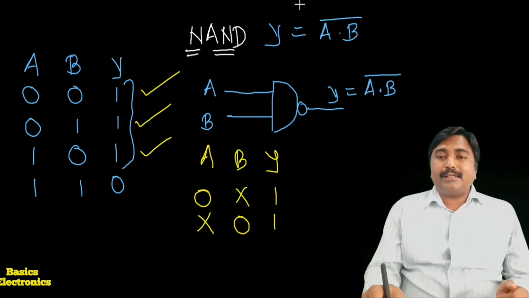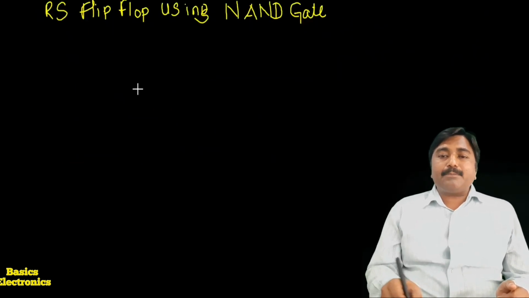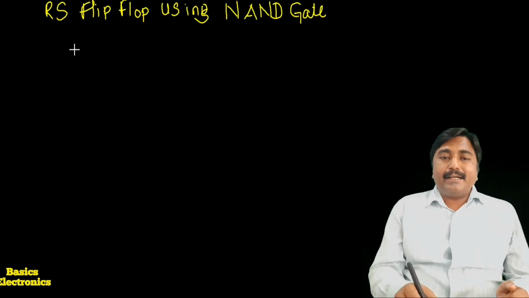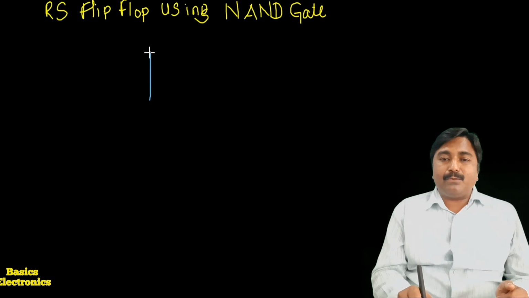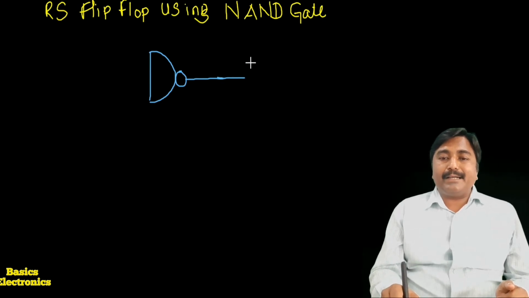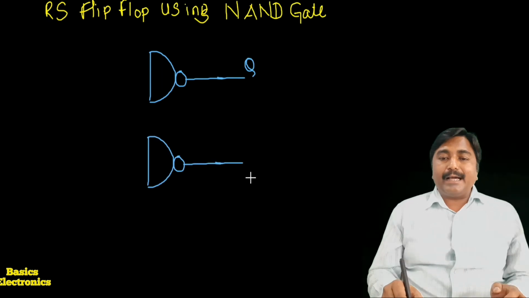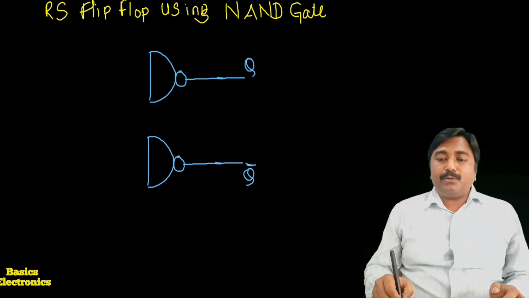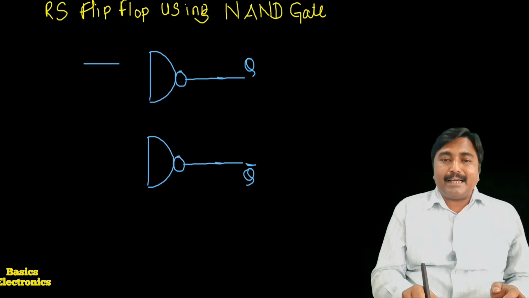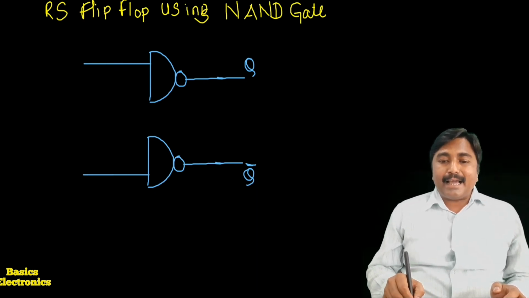So we have to consider that if an input of the NAND gate is low, then its output is high. Now we construct the RS flip-flop by using the NAND gate. For construction we require two NAND gates, and here I am going to draw them. The output of the first NAND gate is the Q output, and the output of the second NAND gate is Q bar. The outputs are opposite outputs. The input to the first NAND gate is the R input, and the input to the second NAND gate is the S input.